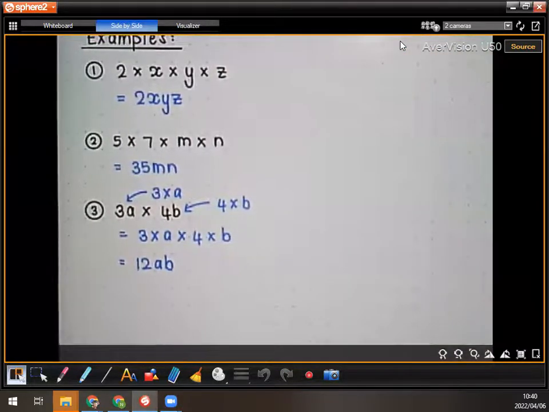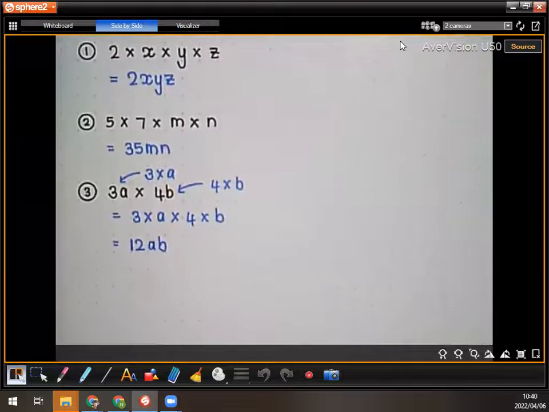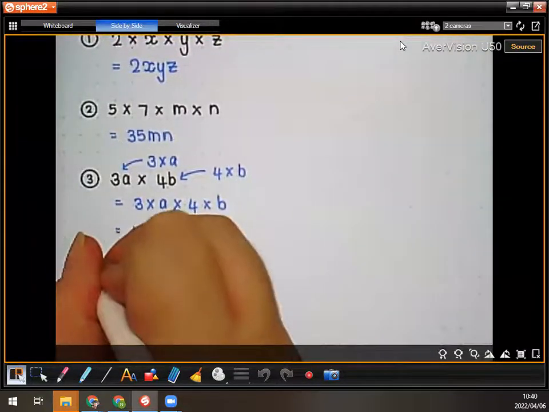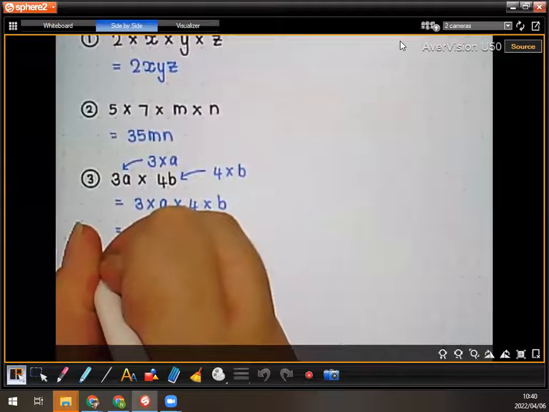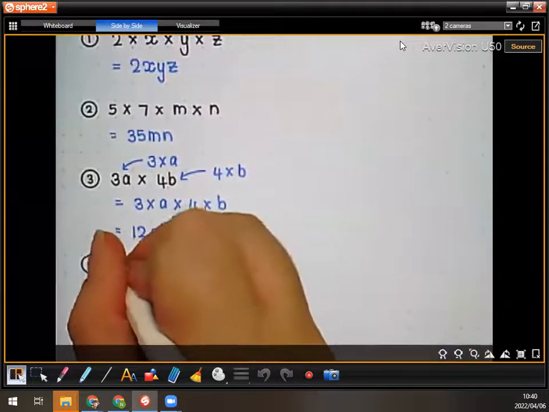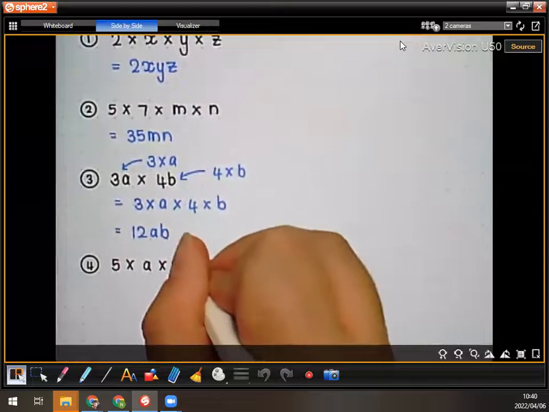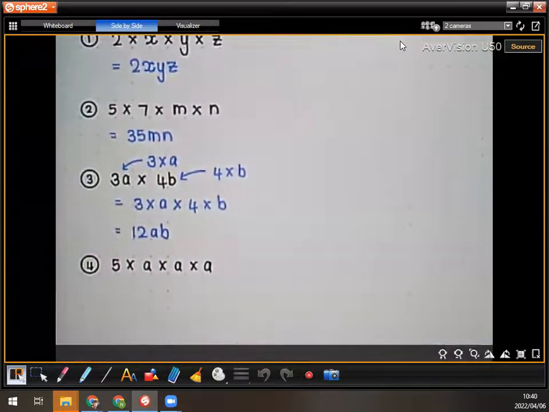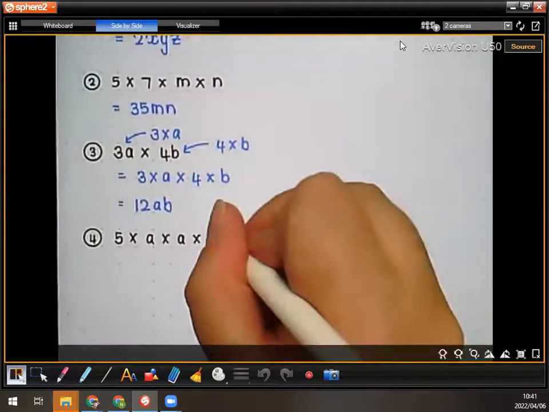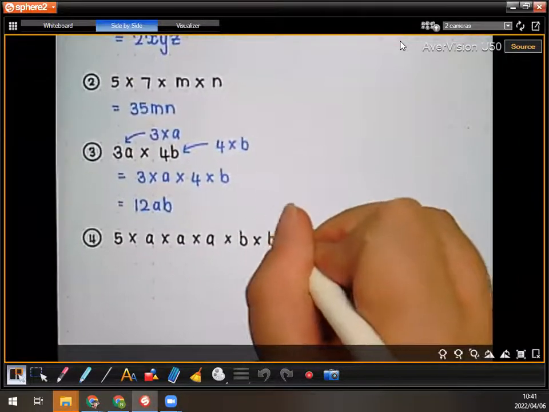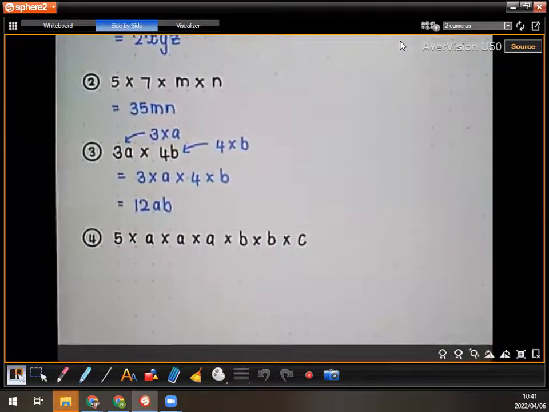Okay, let's do another one, number 4. Are there any questions at this point, guys? Right, number 4. 5 times a times a times a, so 3 a's, times b times c.